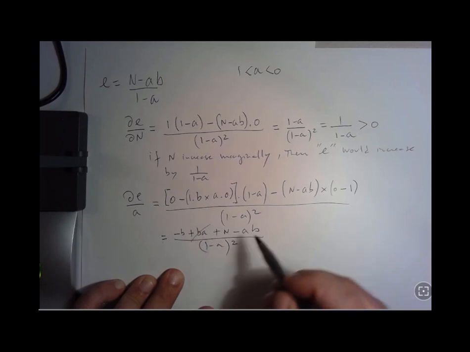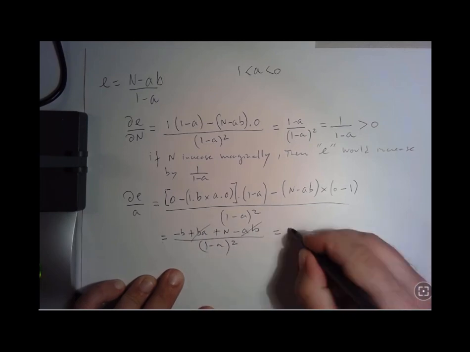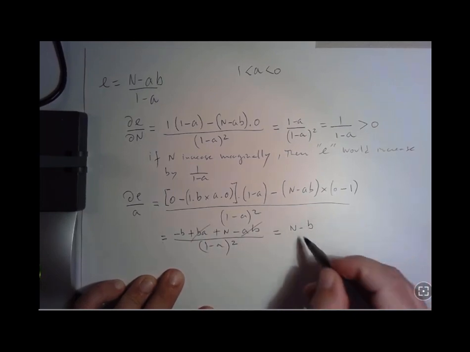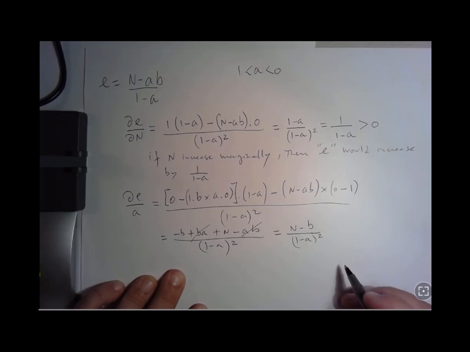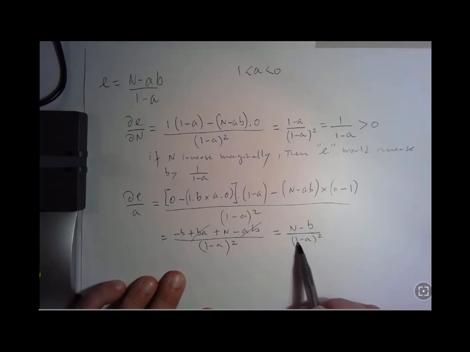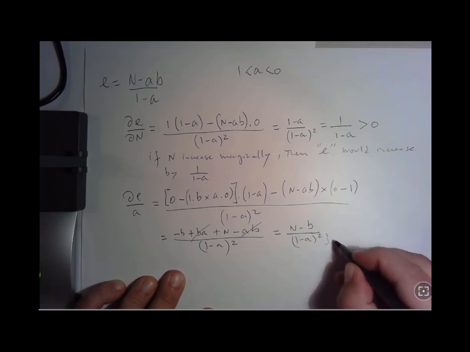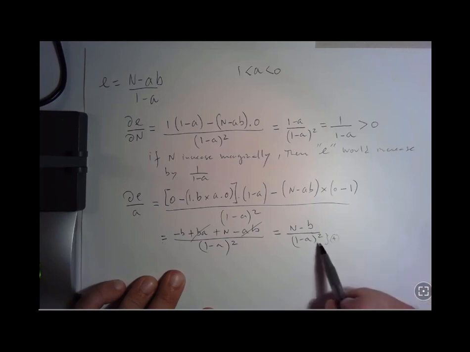Now you can see these two cancel, and you end up with n minus B over 1 minus A squared. So what is the conclusion in this case? Well, whatever is in the denominator, as it is squared, this is always going to be a positive number.